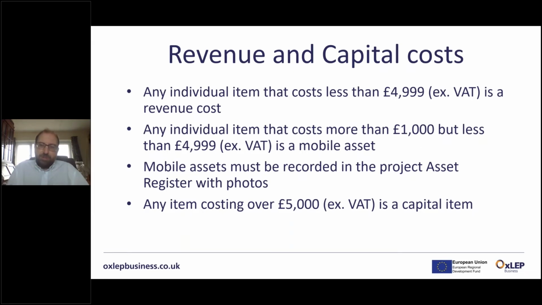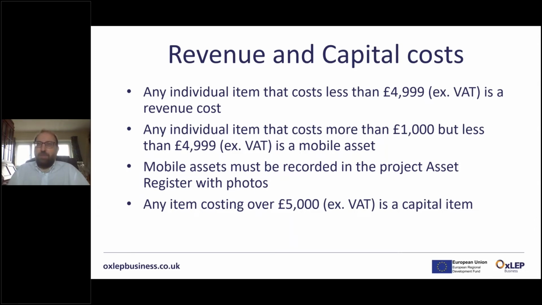So the OXLEP ISFB Go Create grants this time are revenue focused. So what's the difference between a revenue and a capital cost? Well, in ERDF land, any individual item, so that's a tangible thing, that costs less than £4,999, excluding VAT, is deemed to be a revenue cost.